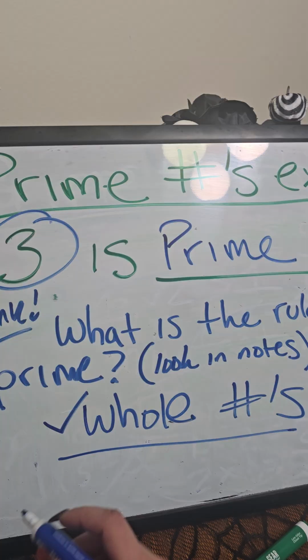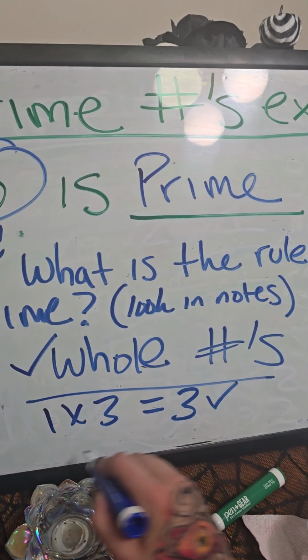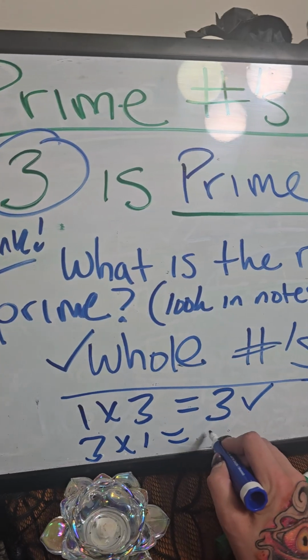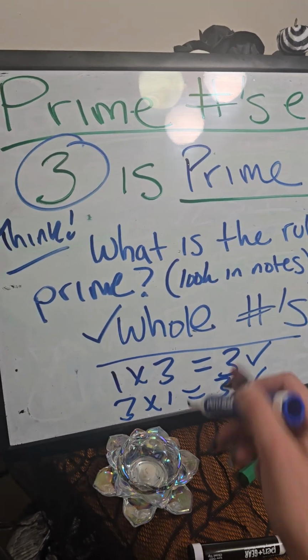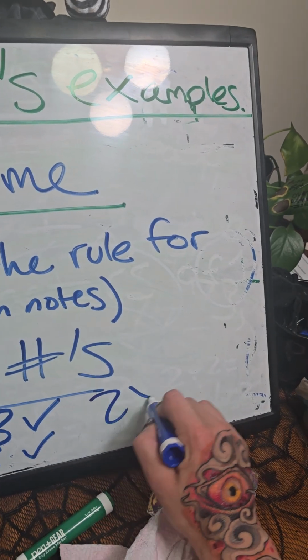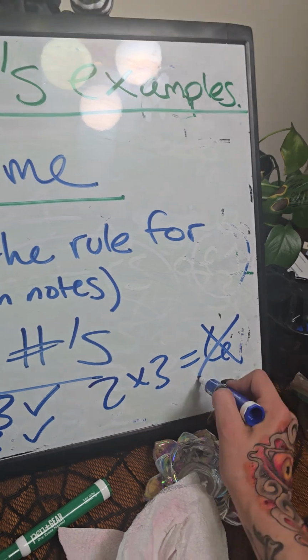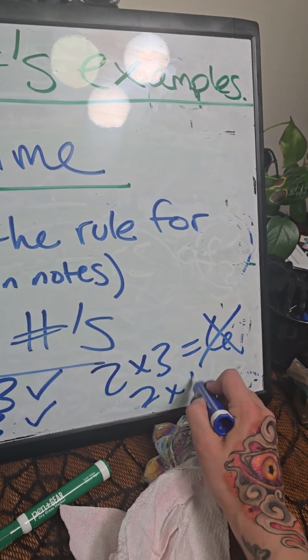So, is that true? Can I multiply 1 and 3? Yes. 3 and 1? Yes, which still means it's 1 and 3, right? And can I multiply 2 times 3? No. Can I multiply 2 times 1?